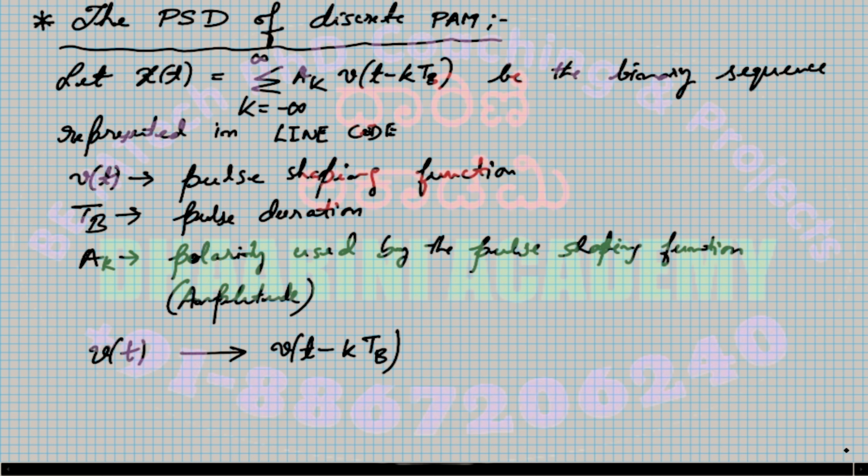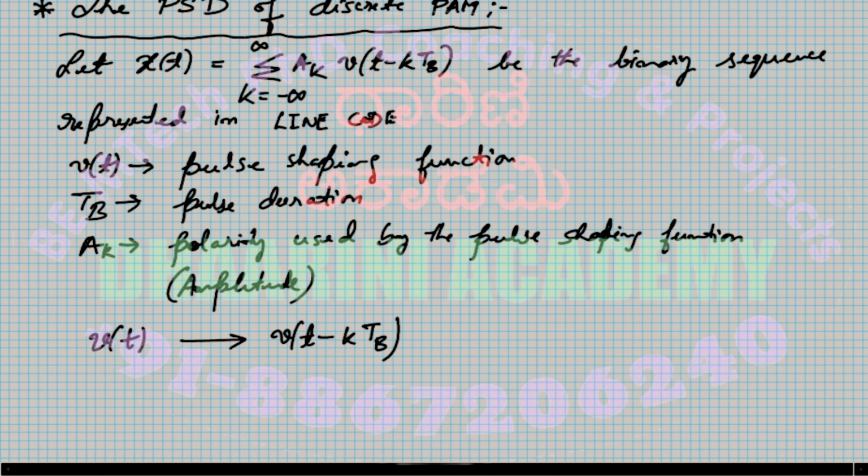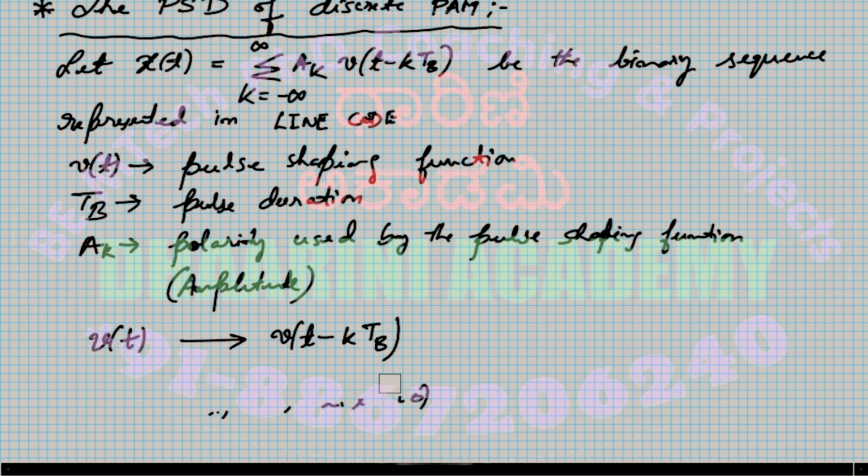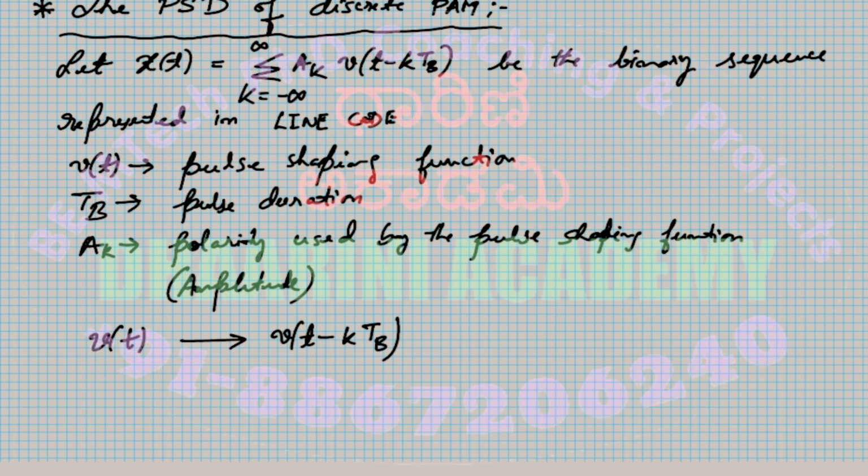This concept is directly taken from signals and systems. If you remember, there are various operations that can be performed on a signal in the time domain. I had x of t, and I'm converting it to x of t minus t naught. This is a shift; I'm shifting the signal. Depending upon whether t naught is positive or negative, you can say right shift or left shift.